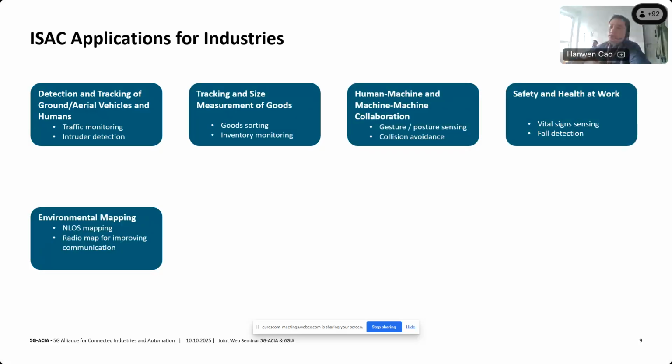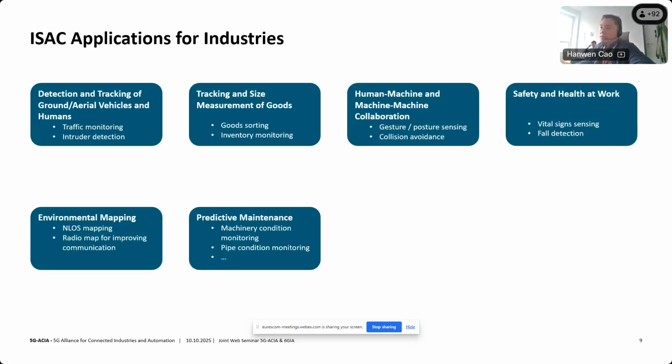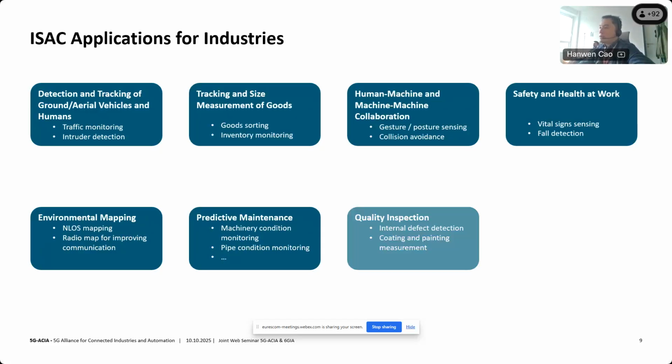Environmental mapping, to get a better overview of the complex industrial environment for mapping and also for navigation. Also, radio sensing can provide some good means of predictive maintenance to guarantee the good condition of machinery and pipes, such types of infrastructure in industrial environments.